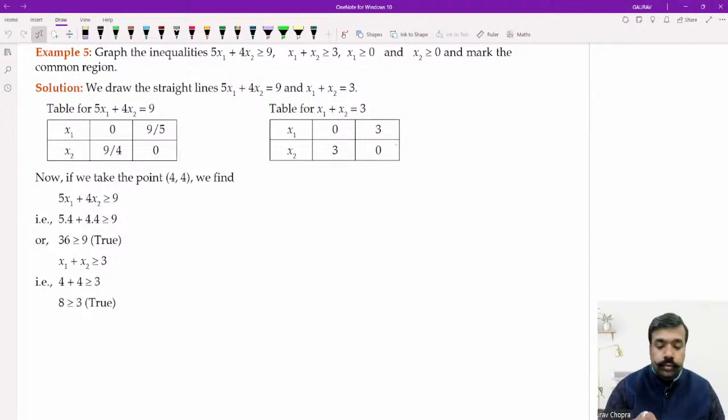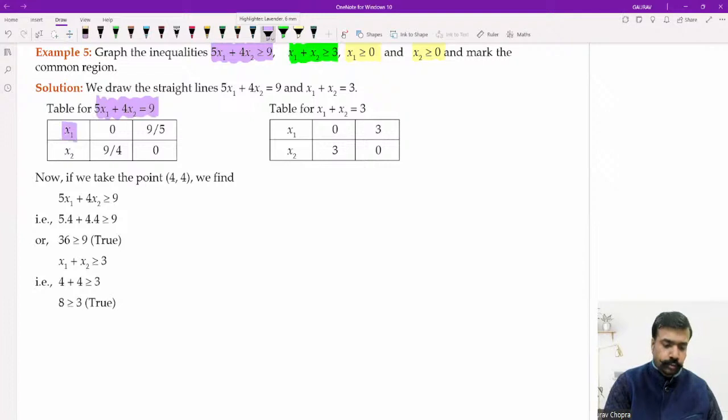Here there is the first equation, then the second equation, and the other two are non-negative constraints. For the first equation, we have to convert it into equality and prepare the table. Similarly, for the second also, we convert into equality and prepare the table. So this is always the first step.